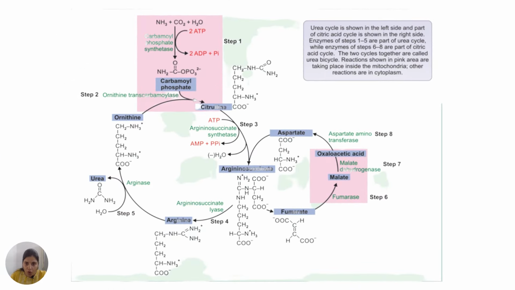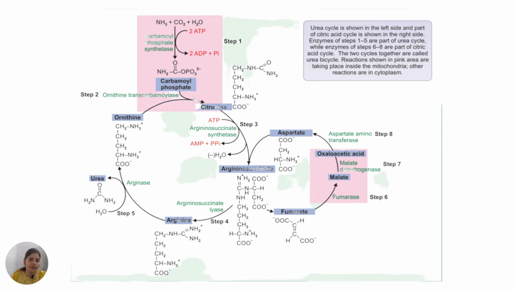This is an overall picture of what is happening in the cells during the formation of urea. Carbamoyl phosphate and citrulline are formed in the mitochondria. All the other reactions are done in the cytosol, and again the malate and oxaloacetate reactions are mitochondrial. When urea has been formed, it is transported to the kidney for excretion.